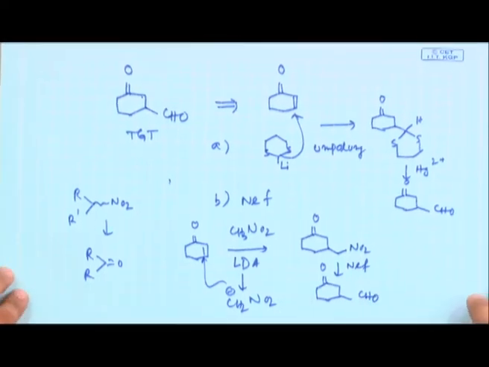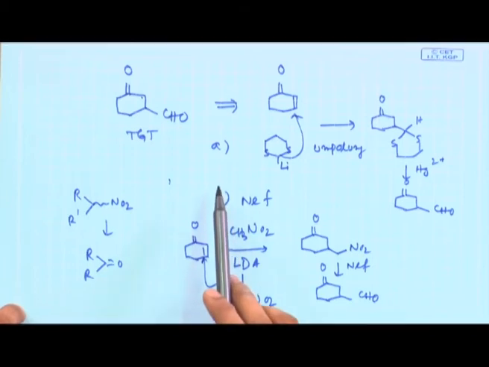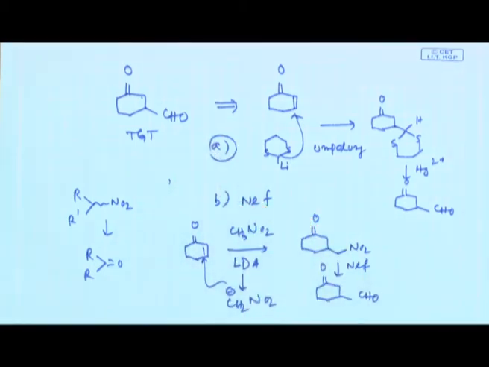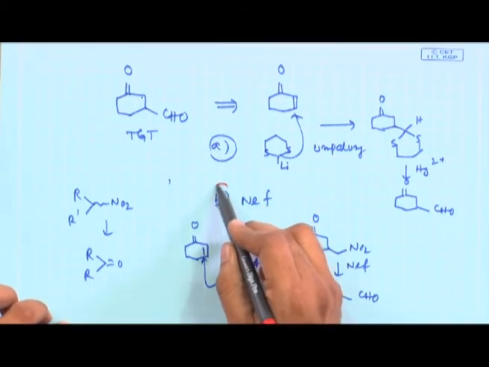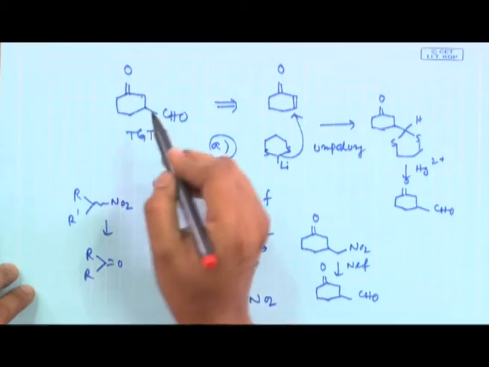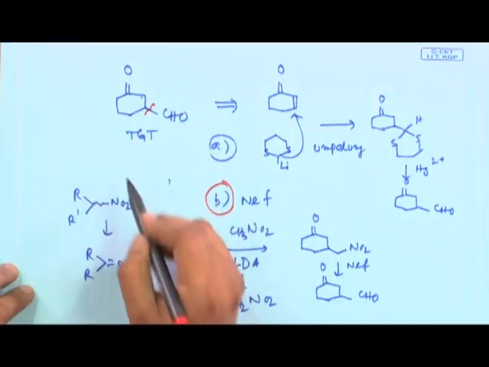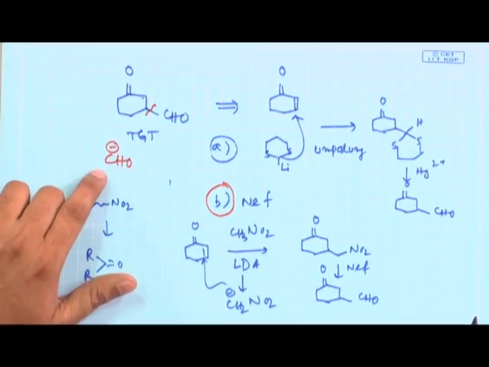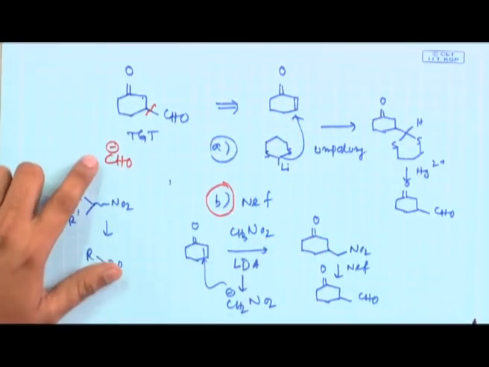Then you will end up with this product. So, this was the beauty of different strategically useful transformations. For a single target, you can choose different pathways, as evident from these two strategies. One is the umpolung based strategy and the other is a powerful transformation known as the Nef transformation, but the main bottom line is that in both cases we do a disconnection based on the CHO minus, or formyl anion species, which needs to be generated and which will attack the Michael acceptor in a 1,4 fashion.